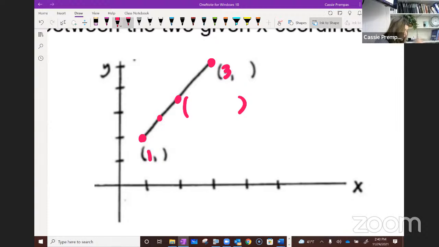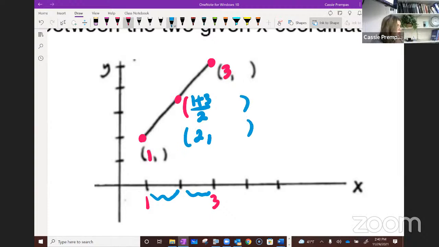So if you're looking at distance, if you want to see what's the middle between 1 and 3, there you go. It's 2. There's 1 unit here and 1 unit here. So that middle number is 2. But if you don't want to think distance, could you have used Weston's way and just said 1 plus 3 and divided by 2? What's 4 divided by 2? 2. So either way that you think about it, you should find that middle x to be 2.